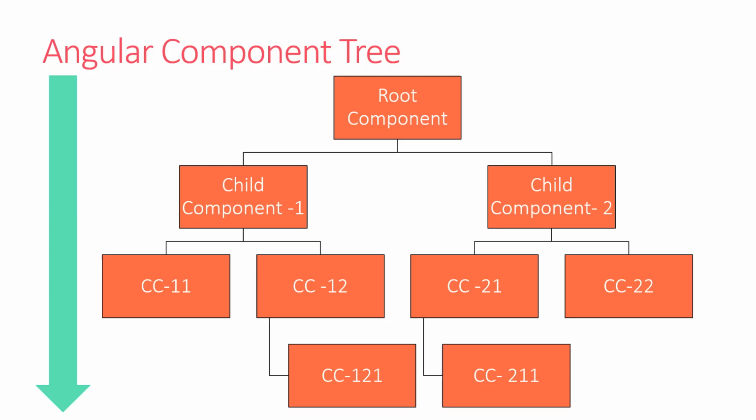And by clicking CC211, it emits some event and the value is changed in CC21. Okay, so it emitted an event and the value changes in CC21. So the second time also the whole tree's detection works?